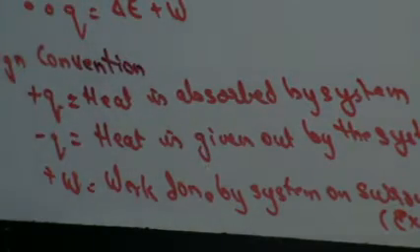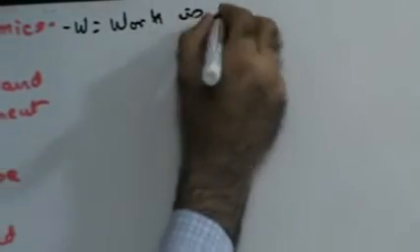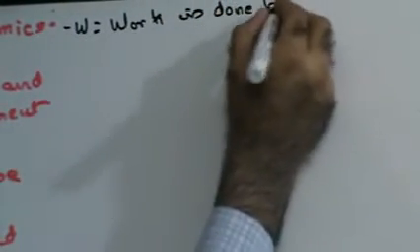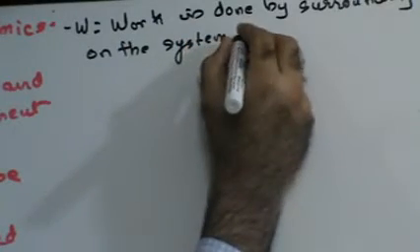Negative W means work is done by the surrounding on the system. That is compression.